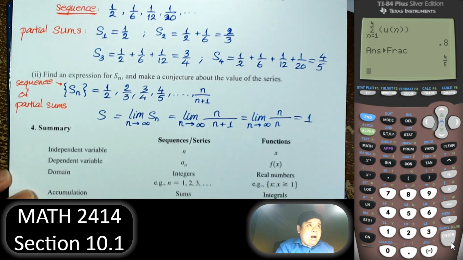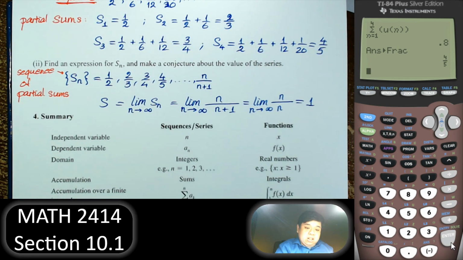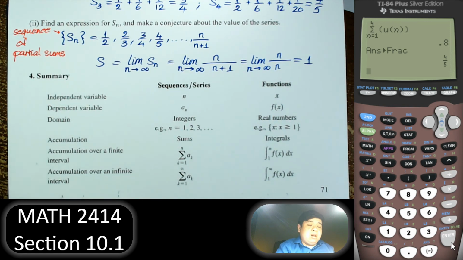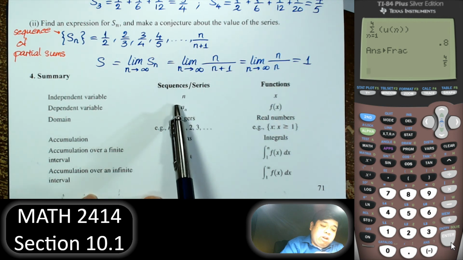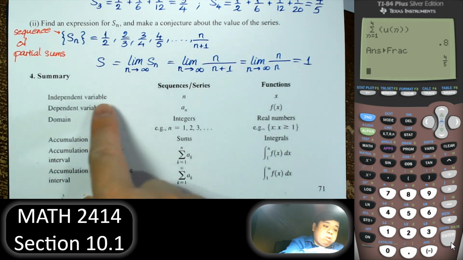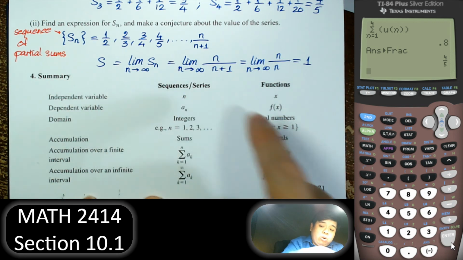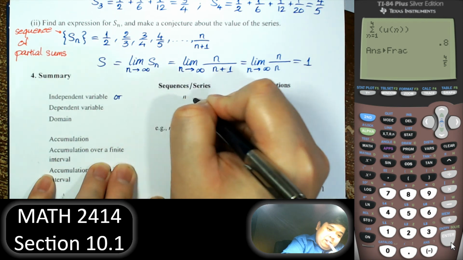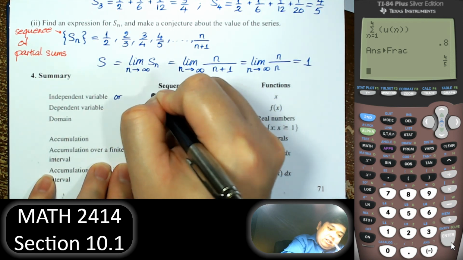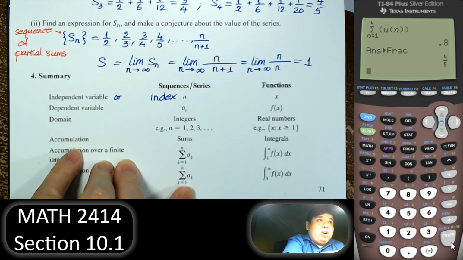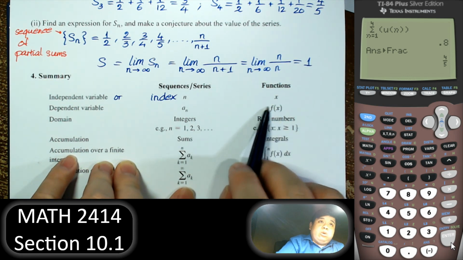That's pretty much the section, but we just want to write a summary in terms of the notation and other things. So here the independent variable in sequence and series is n. Usually we don't even call that a variable. We call it the index. N here we call the index. The dependent variable is the function we write like that.